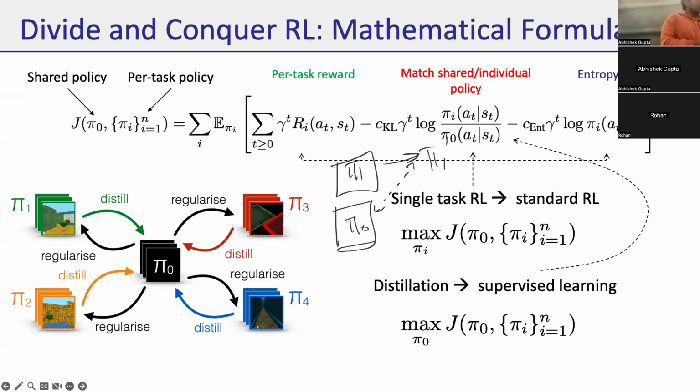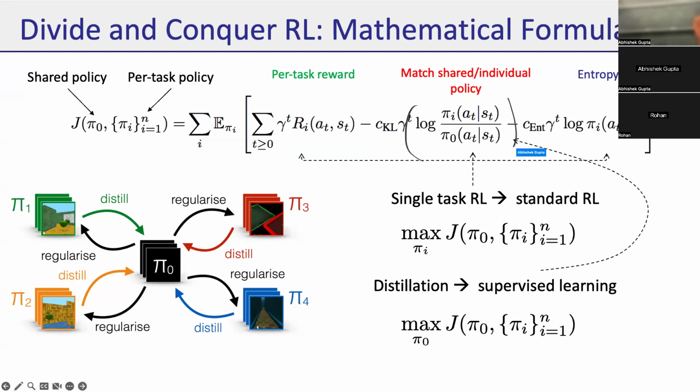Like PPO, can we use the clip objective to do it instead? So clipping, you can do clipping, but you're still going to have to do some density ratio, right? So maybe clipping will make it more efficient, but you still need to have some density ratio between the shared thing and the not shared thing.